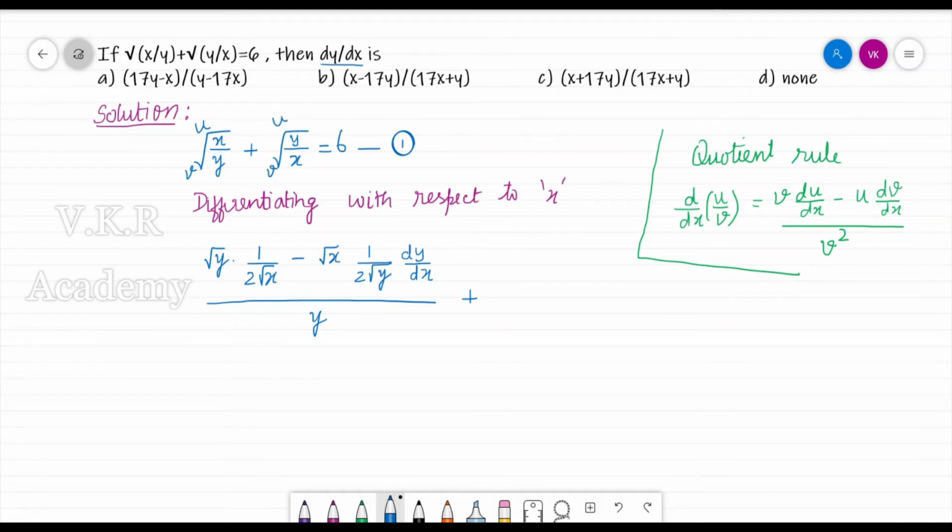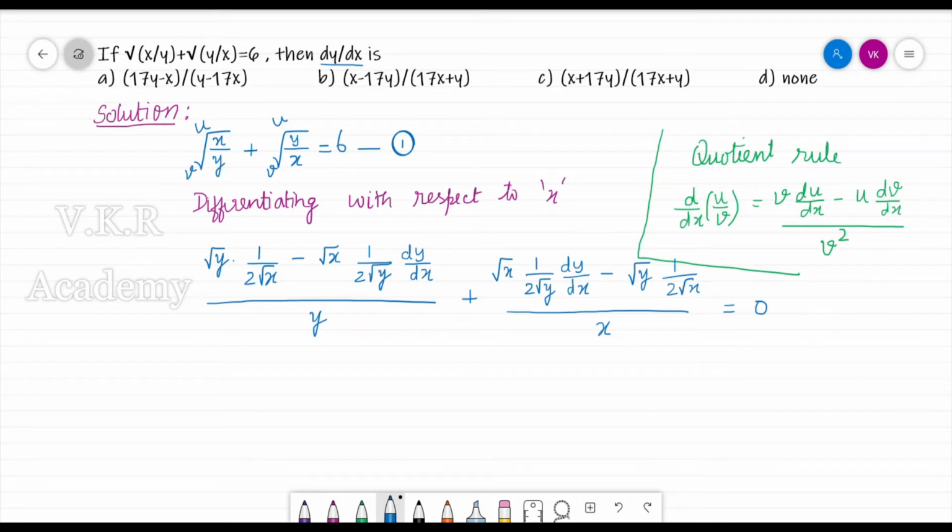V is root x, so root x into 1 by 2 root y into dy by dx minus root y into 1 by 2 root x divided by x is equal to 0.